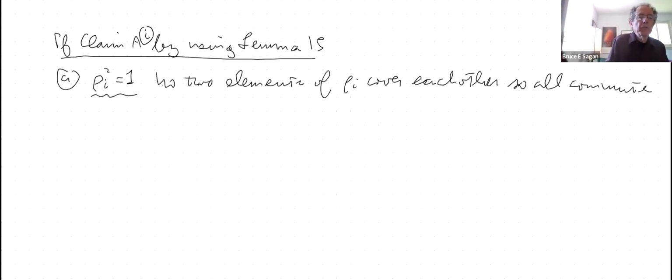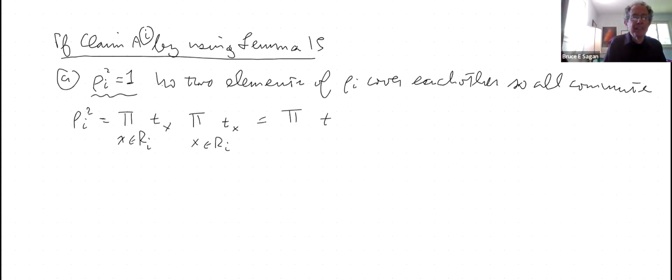So what is rho_i squared? Well, remember, by definition, it's the product of all the things in the ith row, their toggles. But they all commute, so we might as well move them together so that we're squaring each of them. But they're toggles.